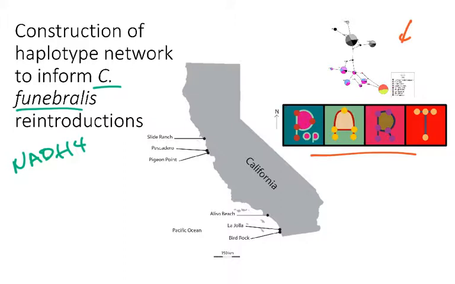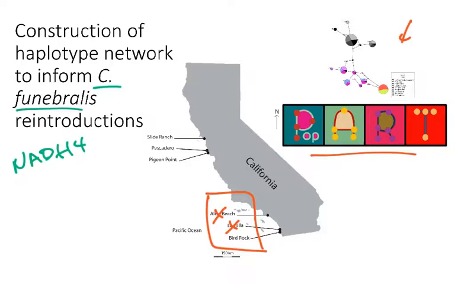And so what we could do is construct a haplotype network, and then use that to help us figure out something for these populations here in Southern California. So remember I said that we're seeing big reductions here in this La Jolla population. The last time I went to this Aliso Beach site in Laguna Beach, there weren't really any individuals there either. And so if we're wanting to think about, like we talked about in the conservation genetics module, would it make sense for us to move individuals from a different population into these sites where we're seeing these large decreases in abundance?